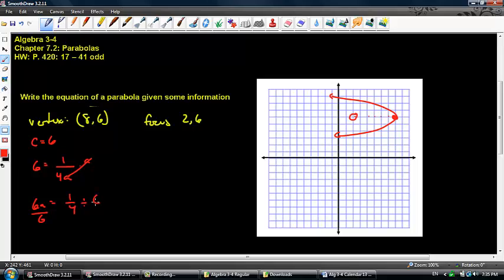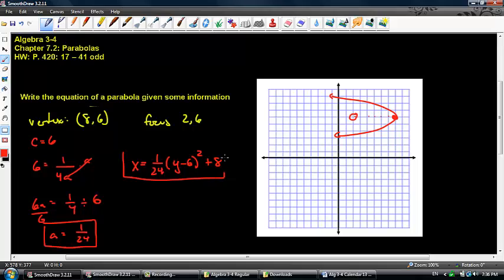Divide by 6, so a equals 1 over 24. Box that. I now have all the information that I need to write the equation of this parabola. It's going to be x equals a, in this case, a is 1 over 24, times (y minus 6), because it's opposite your intuition, quantity squared, plus 8 because it's with your intuition.